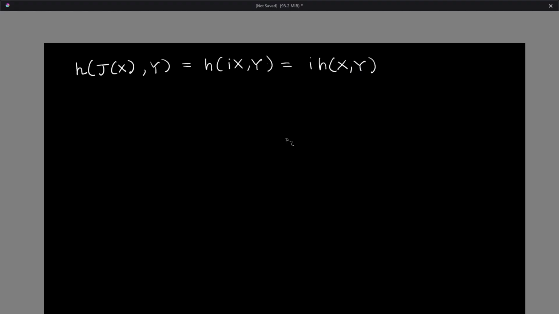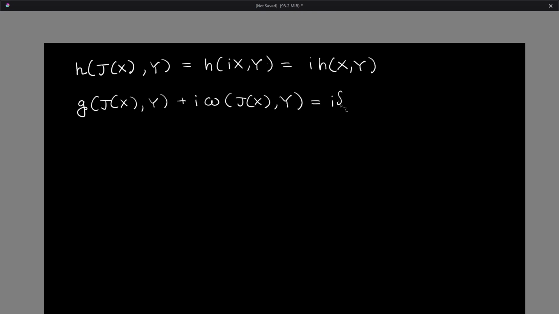The first thing we would like to do is take h of j of x, y, and use that same thing, jx is equal to ix, to decompose this. h of ix, y is equal to i h of xy. Now, if we take the decomposition into real and imaginary parts that we just used, we get g of j of x, y plus i omega of j of x, y.